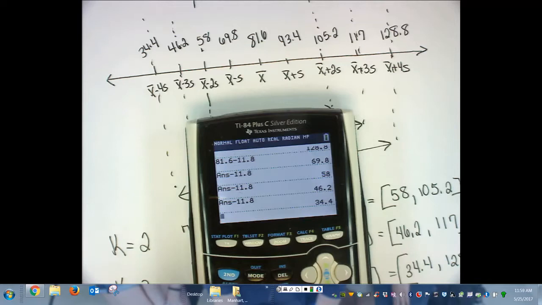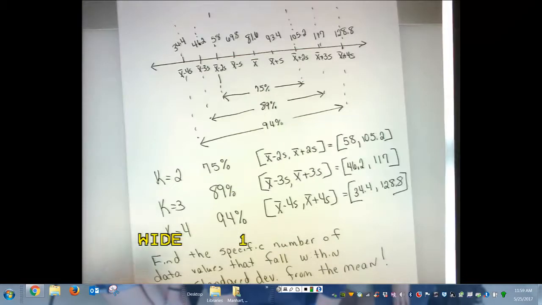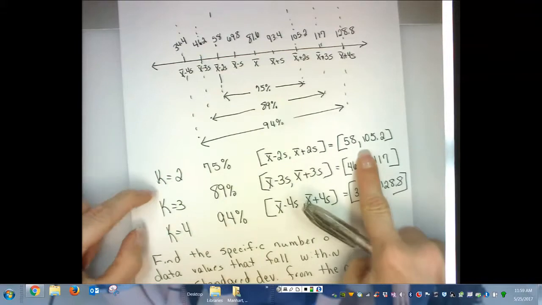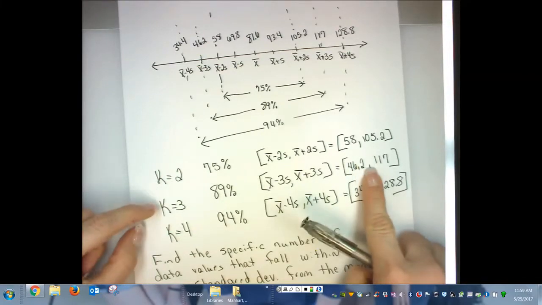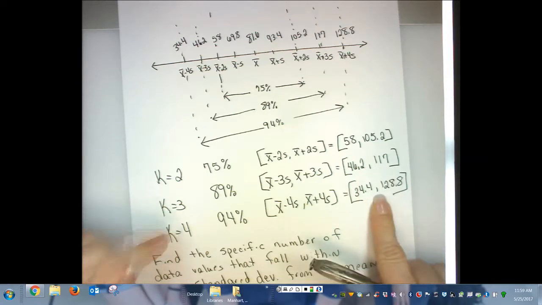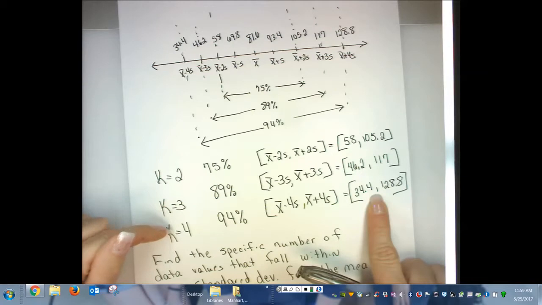So it's very easy to fill in the graph using the calculator, and then that answers your question. Find the range in which at least 75% of the scores are guaranteed to fall. Find the range in which at least 89% of the scores are guaranteed to fall. And find the range in which at least 94% of the scores are guaranteed to fall. And these would be the ranges for these specific percentages, according to Chebyshev's theorem.